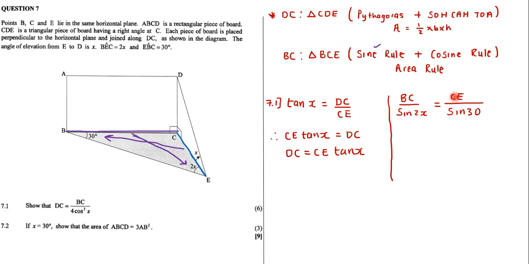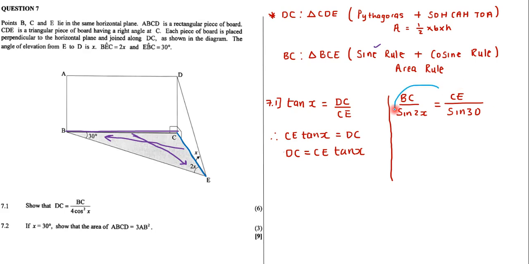And not only that, they both have CE as a common thing. If they have CE in common, what does that mean? It means I can solve for CE on this side because I want DC after all. I can't change this one because it already has DC as the subject of the formula.